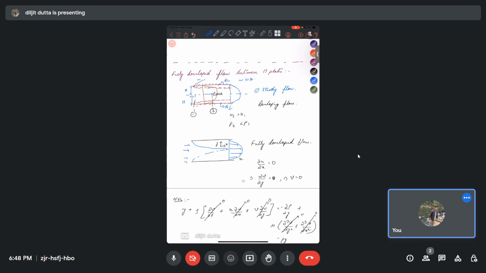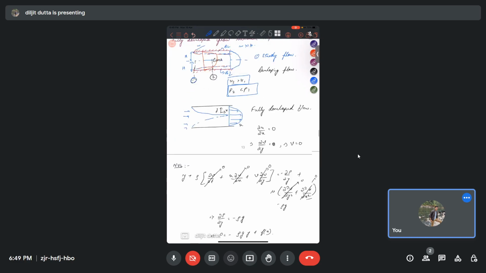In that case, as the flow is taking place, u2 is greater than u1, that is at section 2 the velocity will be higher since the boundary layer region is increasing, so the core region flow will be taking place through a smaller area, so higher velocity in that region, and there will be lower velocity in the first region since it has more area, so the pressure is less and the velocity is also less.